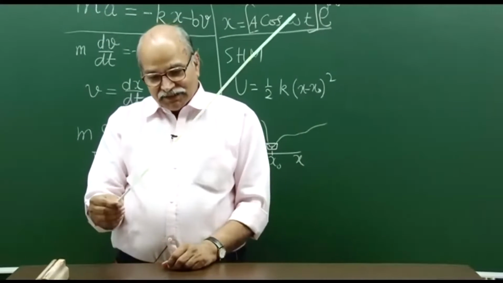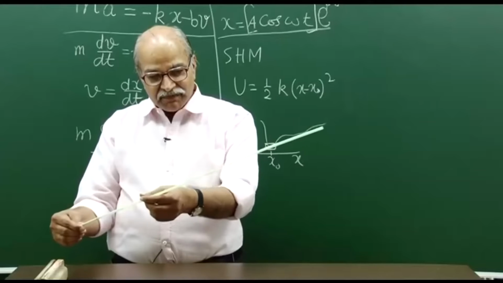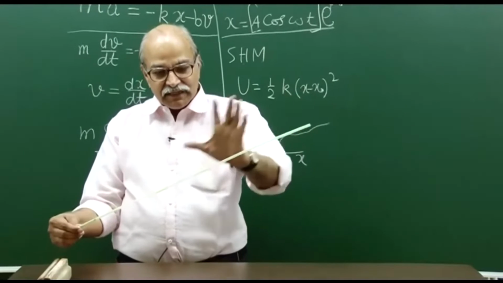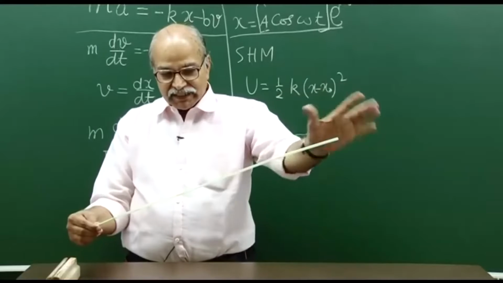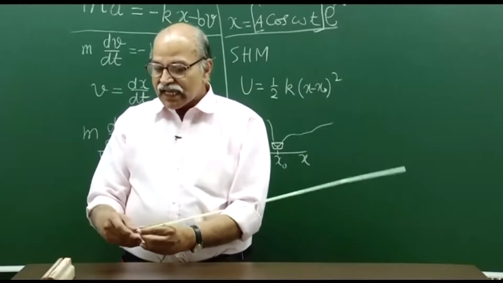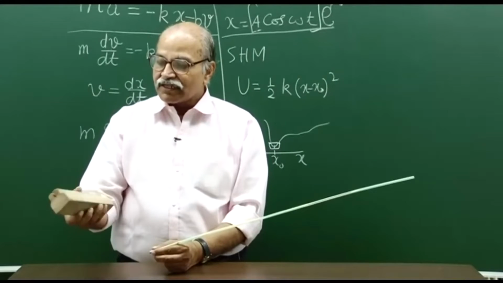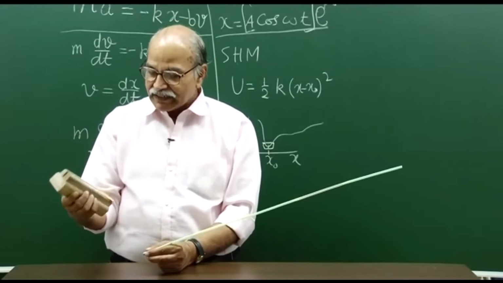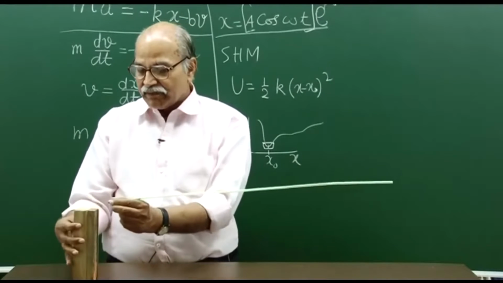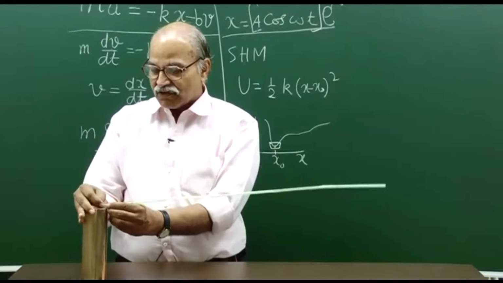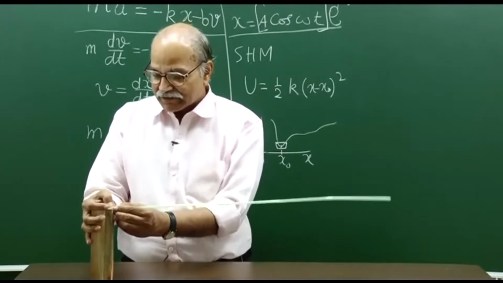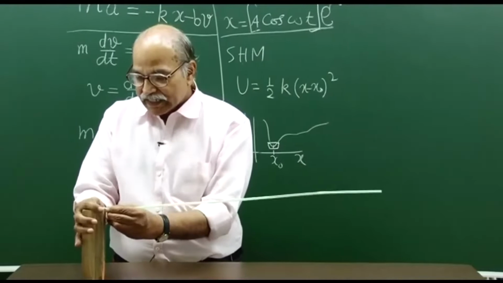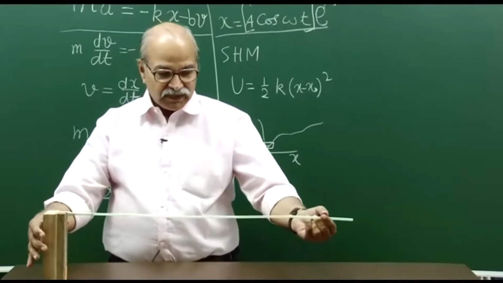I have this long straw with me which has been made by joining several smaller straws together, and I have this wooden block with a groove you can see, and I push this end of the straw into the groove here. Now, this is an oscillating system.